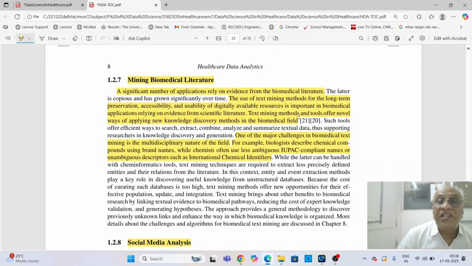Text mining techniques and tools will be used on these to derive new knowledge in the biomedical field. One of the major challenges in biomedical text mining is the multidisciplinary nature of the field. For example, biologists may describe chemical compounds using brand names, while chemists may use IUPAC-compliant names or unambiguous descriptors such as international chemical identifiers. So these challenges need to be catered for.